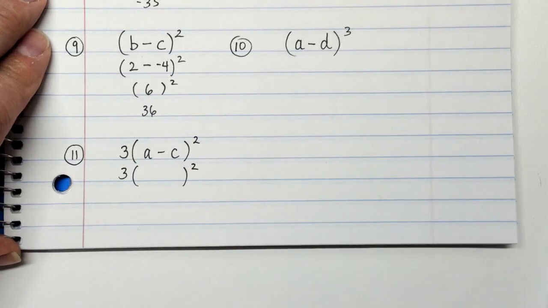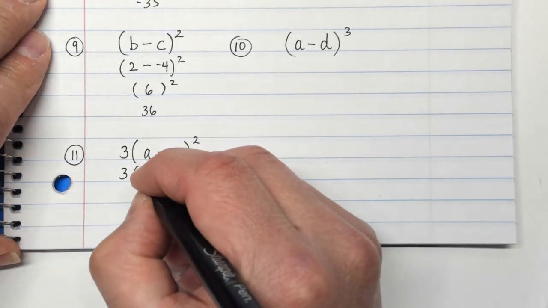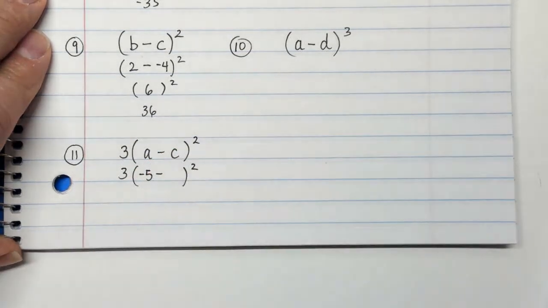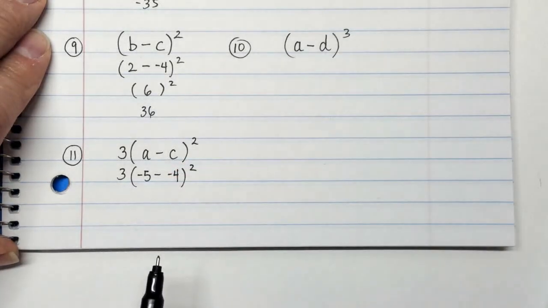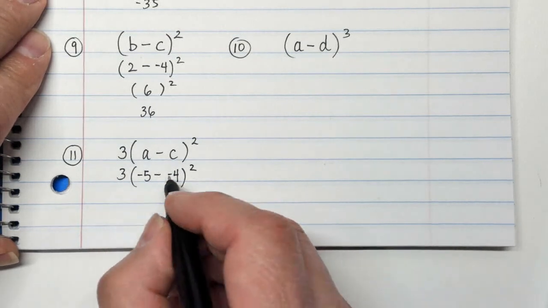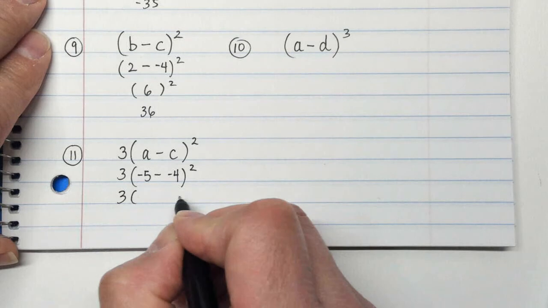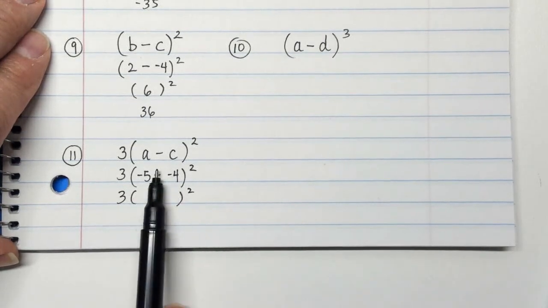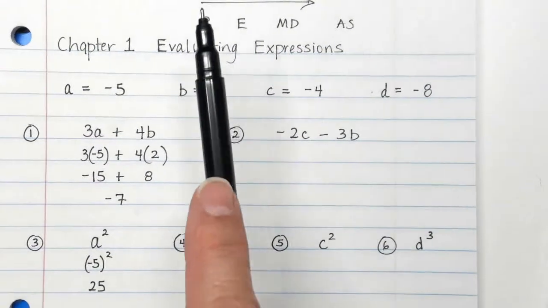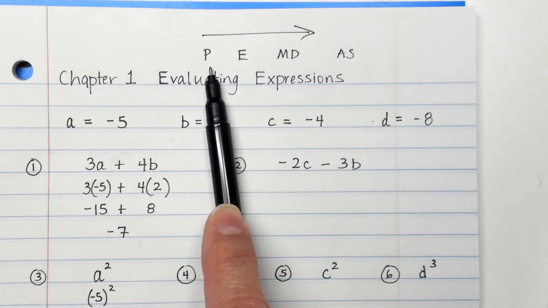We got to replace the A with a negative 5. C is negative 4. PEMDAS says do what's inside the parentheses first. That's all you're going to do. Everything else is going to stay the same. We're going to worry about what's inside the parentheses because that's what it says.